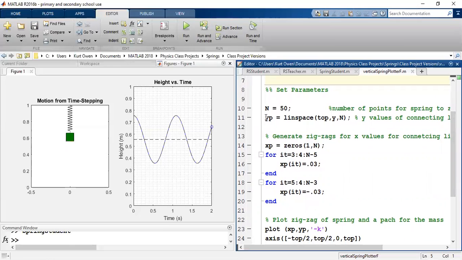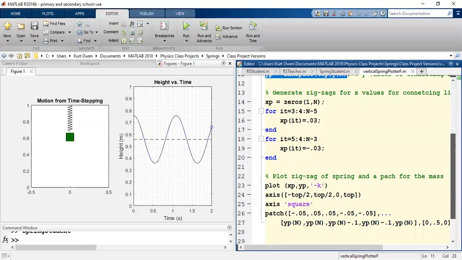We're basically creating a bunch of y values where the points can be, and it stretches those points out from the top to the bottom of the spring in equal increments, and then it just plots little connecting lines in black for all of those points. As those points change as the spring stretches and compresses, it gives a nice little visual effect.